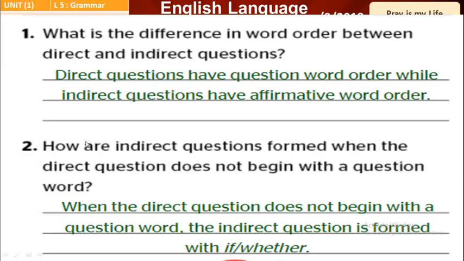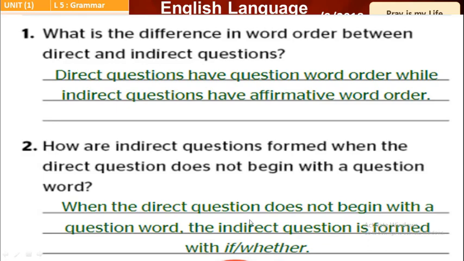The answer to the second question, which is how are indirect questions formed when the direct question does not begin with a question word? When the direct question does not begin with a question word, the indirect question is formed with if or whether.